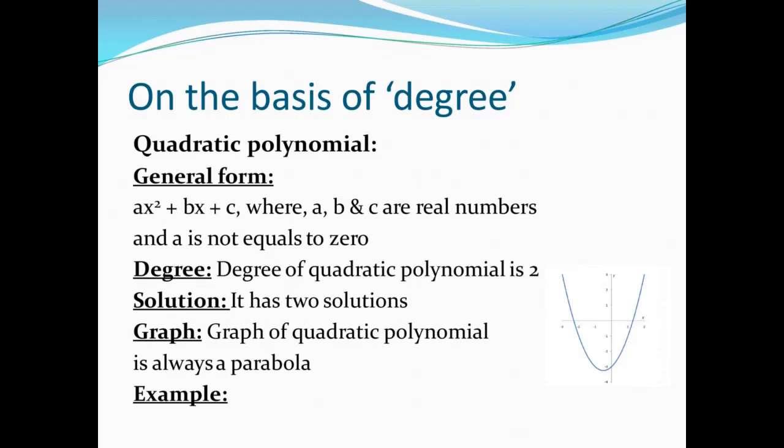Again, same question, what will happen if a is equal to 0? Then quadratic polynomial gets converted into linear polynomial. Put a equals 0 in the general form of quadratic polynomial, you will get bx plus c, which represents linear polynomial. Solutions, it has two solutions. Graph of quadratic polynomial is always a parabola. Example is shown in the figure.